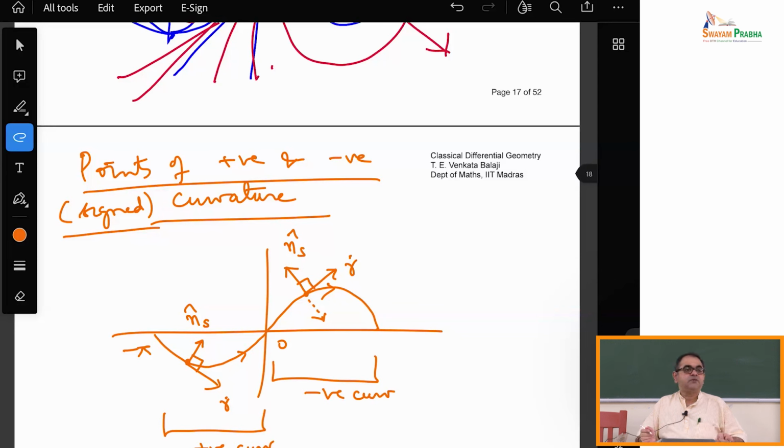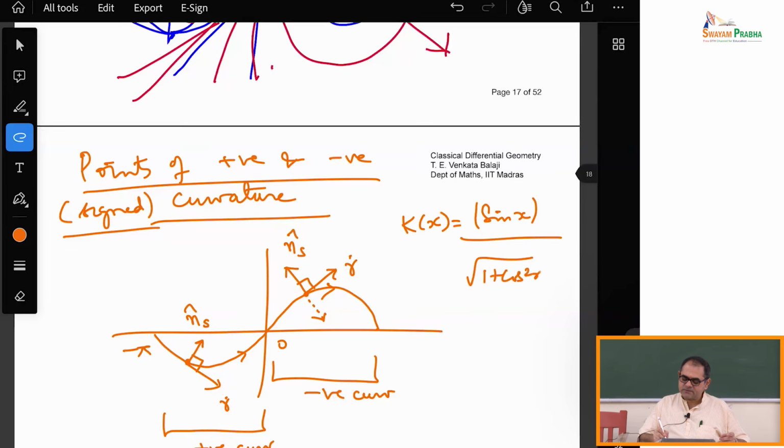But if you look at the formula and don't take the sign, it will be very misleading. Remember our curvature formula was k(x) equal to mod sin x by root of (1 plus cos squared x) to the power of 3.